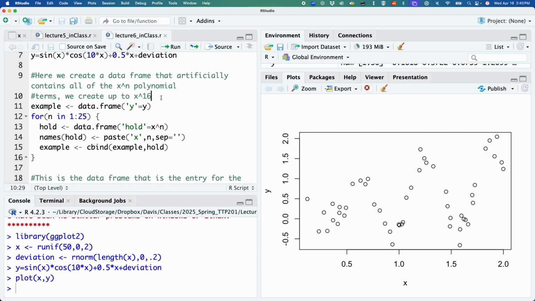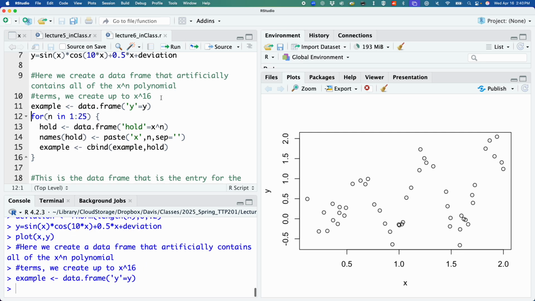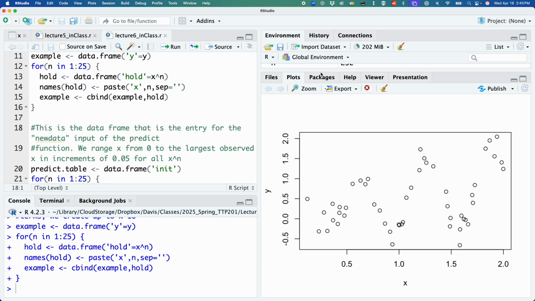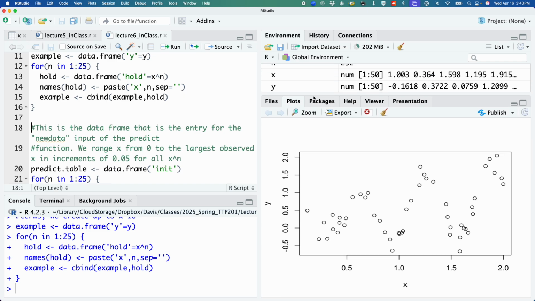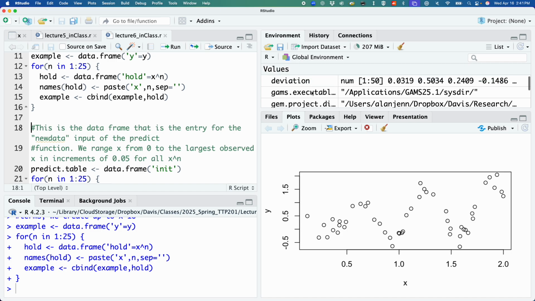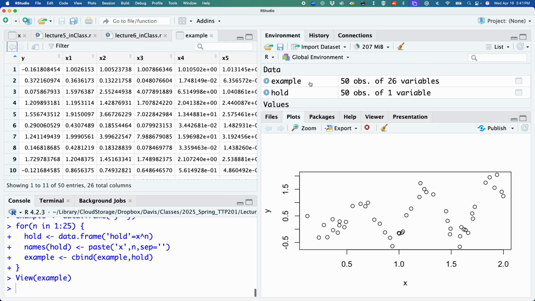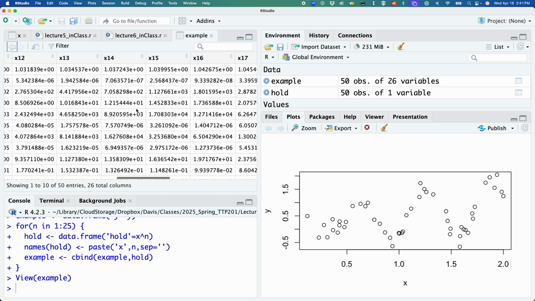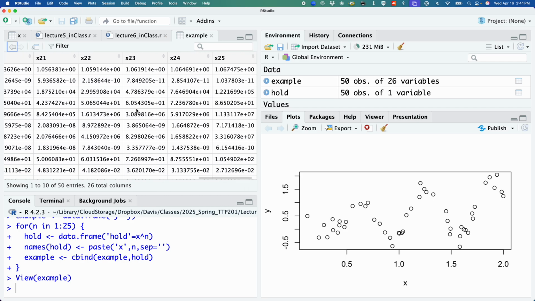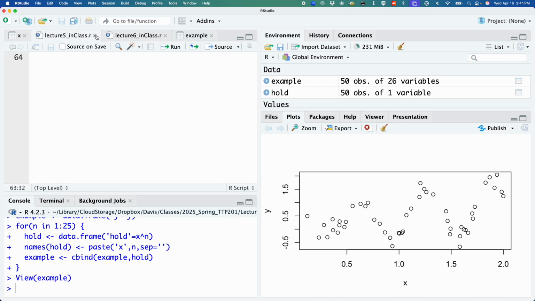So this is going to create a data frame where each column is x to the n power, starting with 1, so it'll be x, x squared, x cubed, and so on. We can see quite literally here, I have all of my x to the various powers all the way up to x25. Okay?